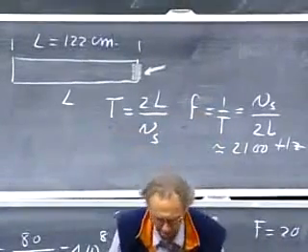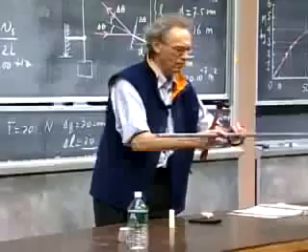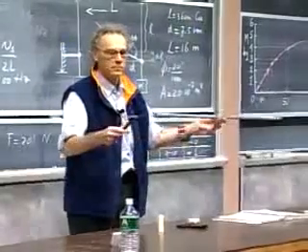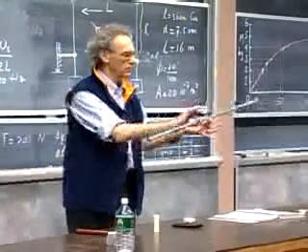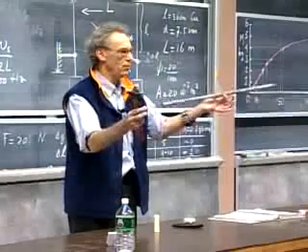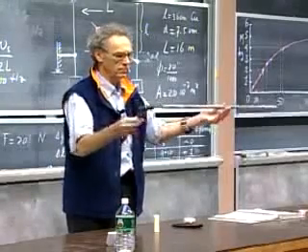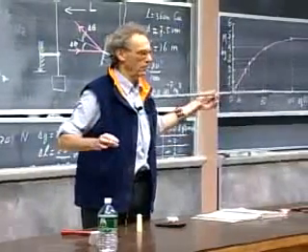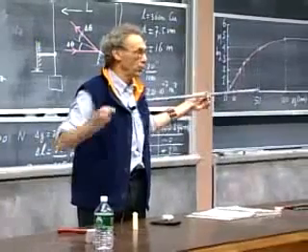And you can hear that. It's a beautiful tone. I hold it here, and I will bang it here. Can you hear it? No? You hear it? 2100 hertz, beautiful tone.